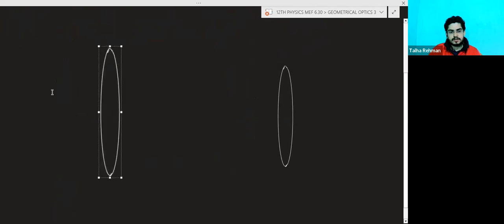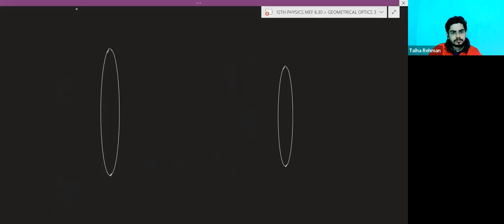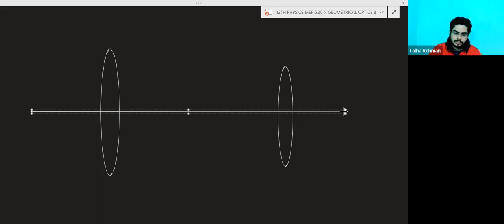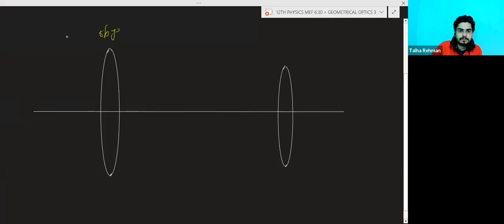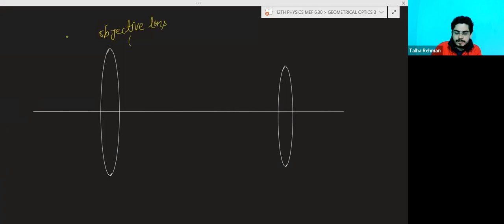This is the principal axis. This is the objective lens, and this objective lens has large focal length. And this is the eyepiece lens, which has small focal length.